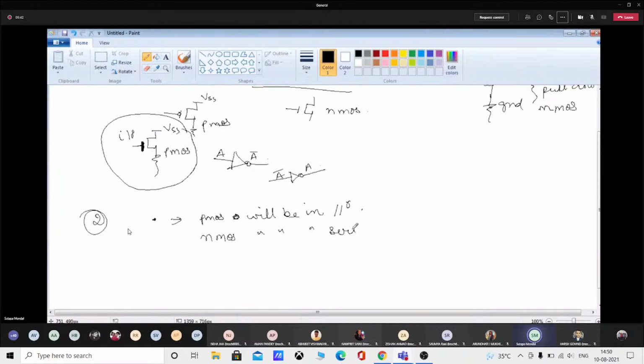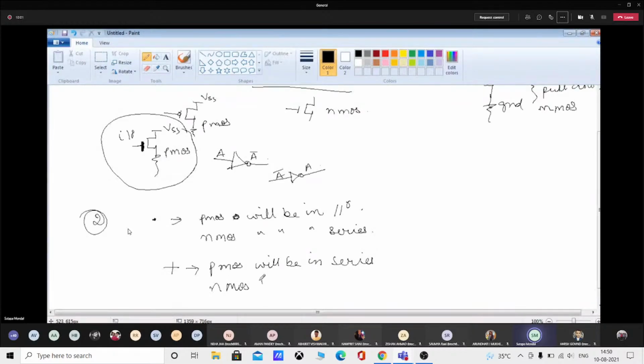Okay, when we are having a plus sign, PMOS will be in series and NMOS will be in parallel.